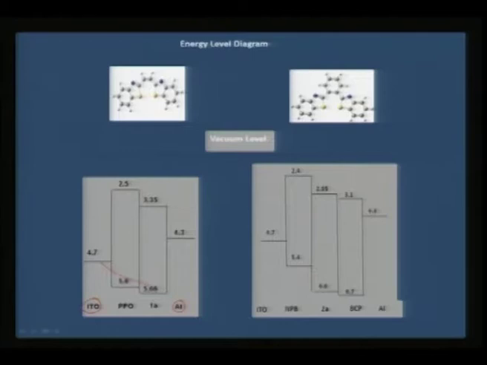Therefore, the holes are injected this way and electrons are injected this way, therefore, the combination exactly appears at this interface. Similarly, in the case of 2A compound, the holes can come easily and electrons can go this way, therefore, the electron hole pair can have the fusion occurring here, and therefore, you can get the white light emission.